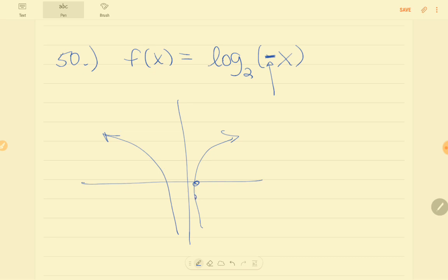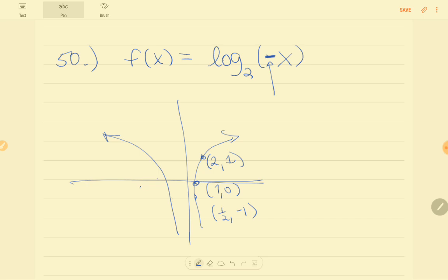So we had the points 2, 1, 1, 0, and 1/2, -1. They're going to flip across the y-axis. So what happens over here, on this side, we have negative x values, right? The y values are not going to change, just the x values.